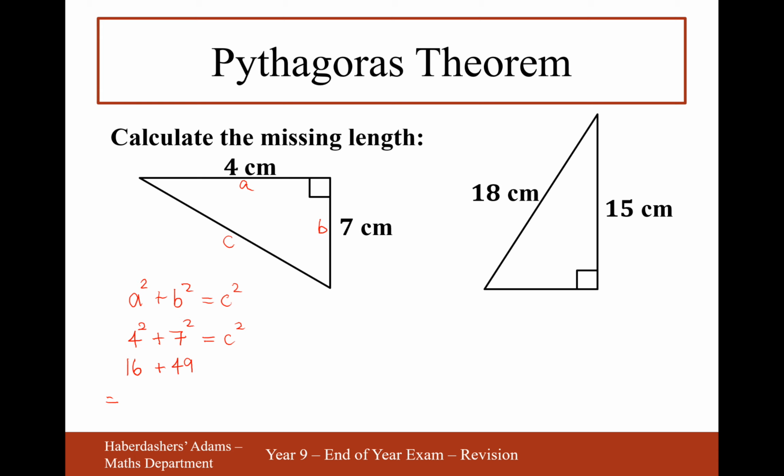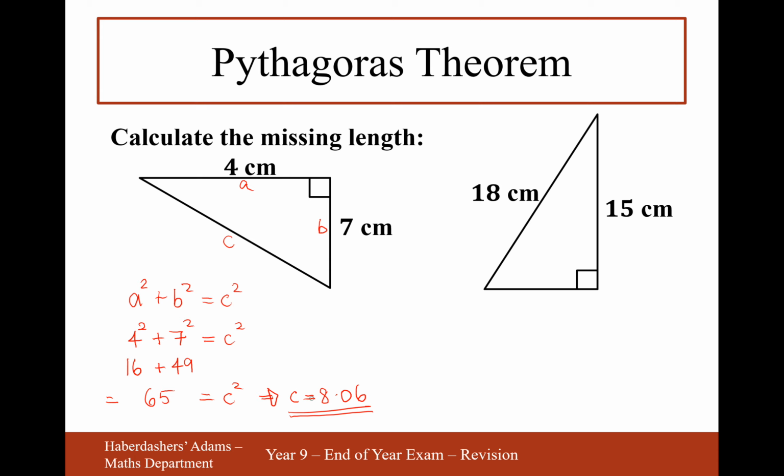And then I'll add it up together on the calculator, it will equal 65, which will equal c squared. But then the final thing you need to do after you've worked out what c squared is, is square root your answer. So do square root of 65 on your calculator, press the S to D button if you need to, and then give answers generally to 3 significant figures. And I've got an answer here of 8.06.